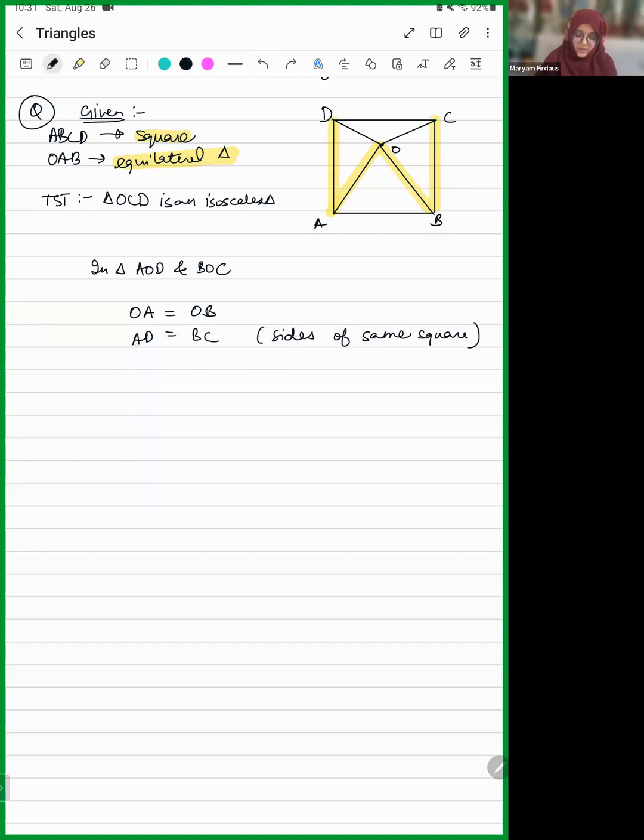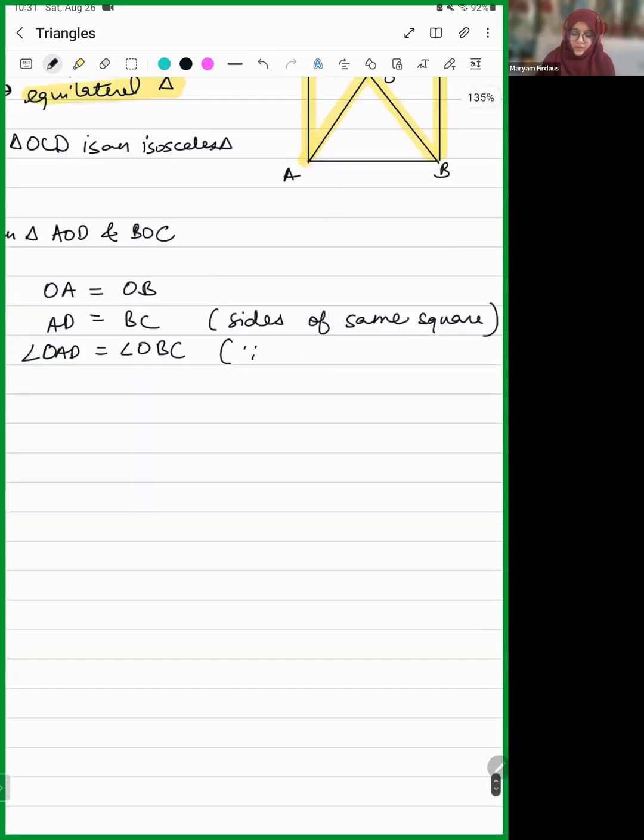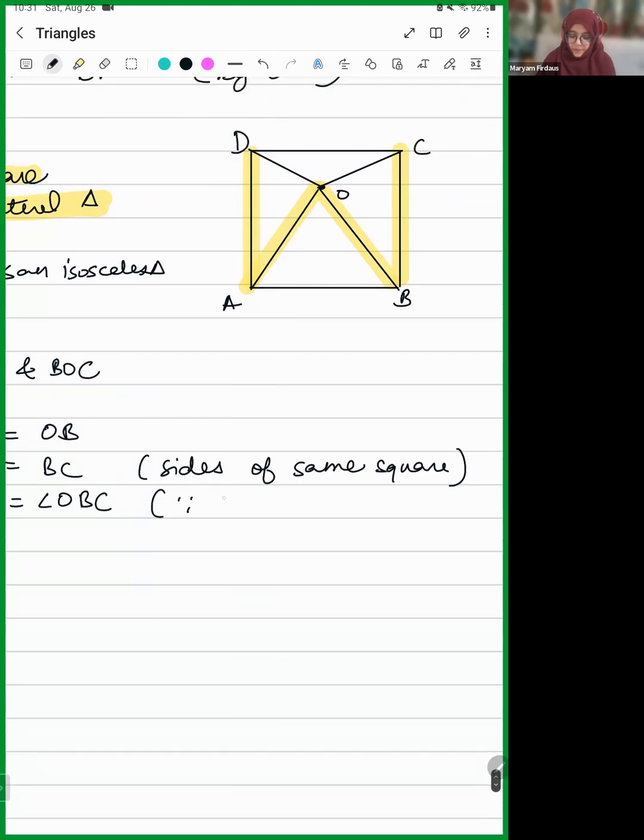So let's write it. Angle OAD is equal to OBC. And since this calculation, let's write that calculation. Since angle DAB is equal to angle CBA is equal to 90 degrees and angle OAB is equal to angle OBA is equal to 60 degrees, reason being equilateral triangle.